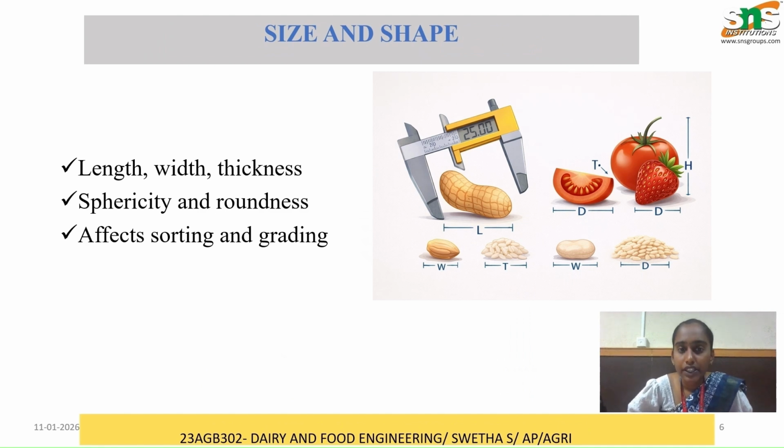First one, size and shape. As we all know, sizes are like length, width, thickness, sphericity, roundness, and there are various equipments to measure them, like the vernier caliper and the screw gauge. If there is a lack of knowledge of physical properties, it affects the sorting and grading part also.